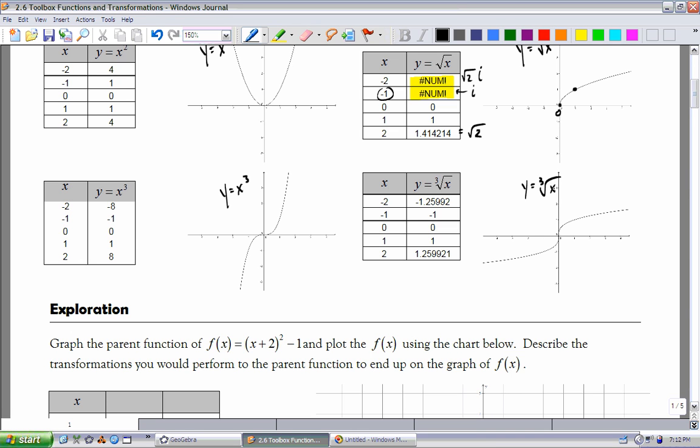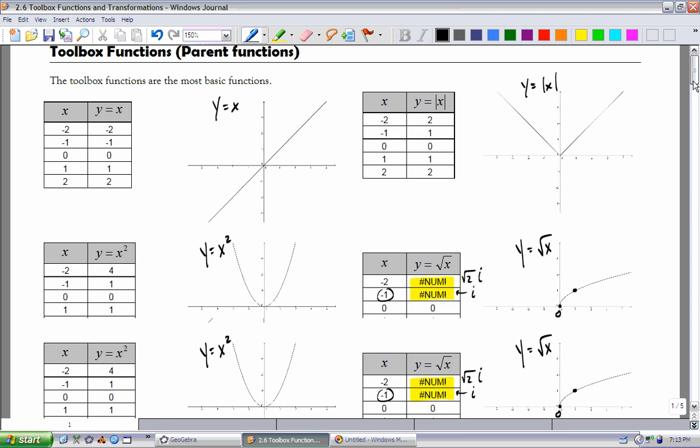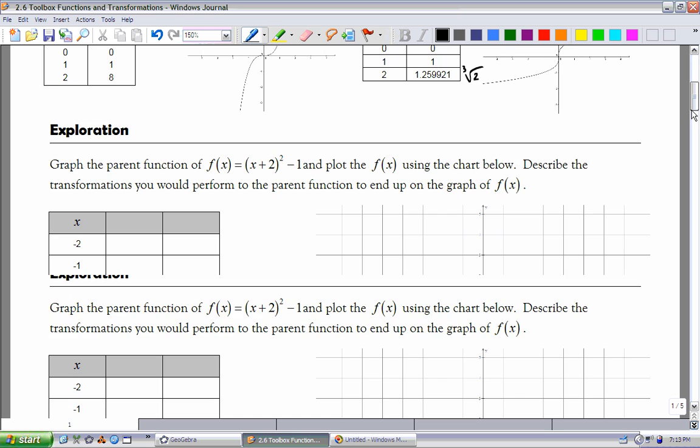Okay, and here are some values, and let's make sure that we understand that this value is the cube root of -2, and the value at the bottom of the chart here is the cube root of 2. Okay, notice that 1, 1 is a point on all of these graphs, and 0, 0 is a point on all of these graphs. That comes in handy when we start looking at shifting these graphs.